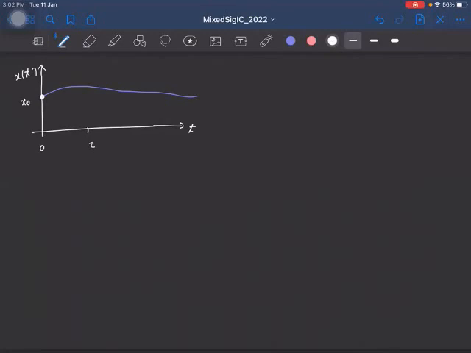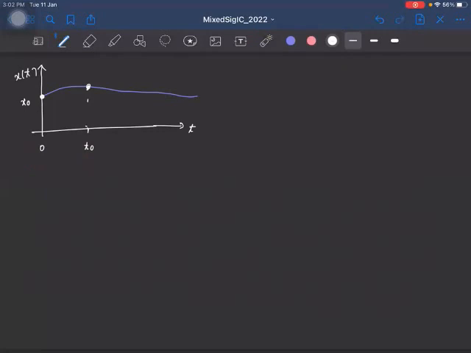Can I say anything about the value of the signal at a time, say t? Well, if the signal is slowly varying, we know that the values at t equal to 0 and t are going to be similar. So the autocorrelation function essentially tries to capture this effect.